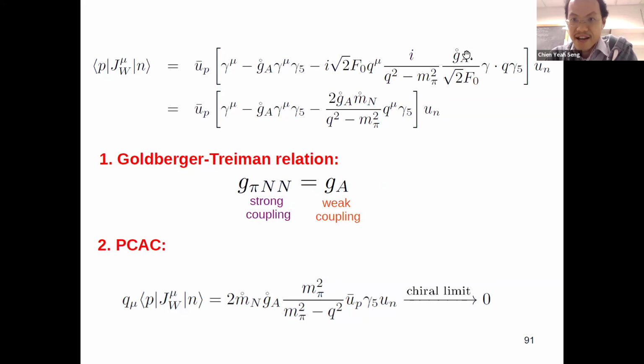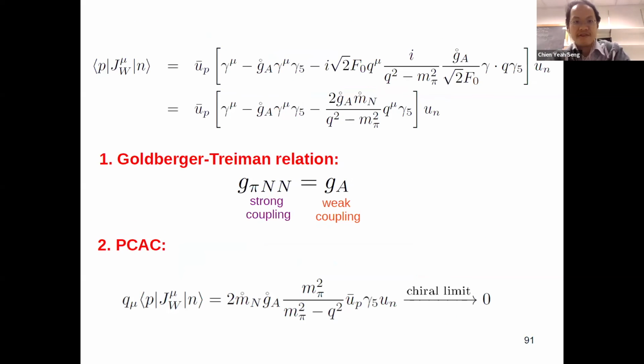As you can see, there is a pion propagator here, which adds to give you the final result. This gives rise to the form factors we call F1 and G_A, and G3 sometimes here.